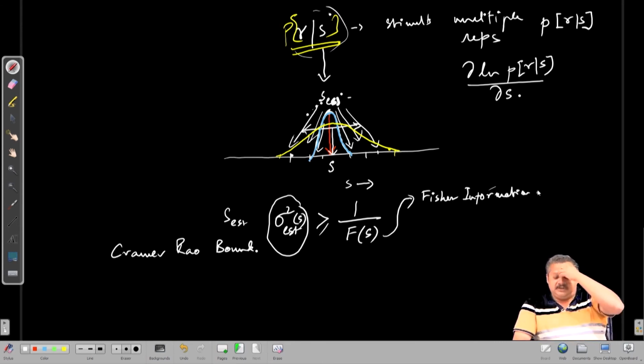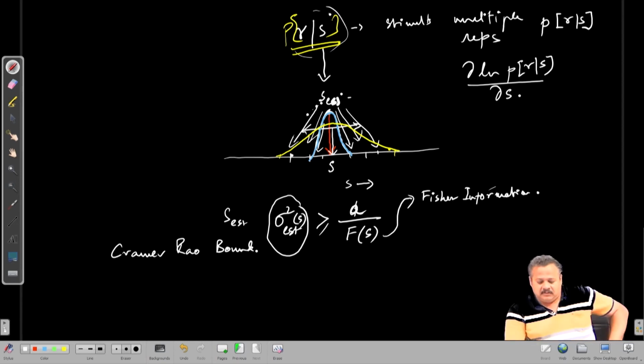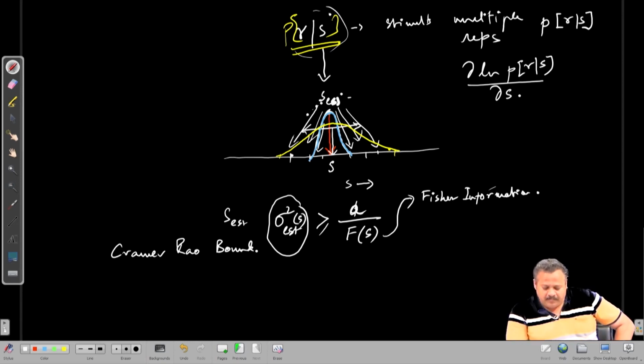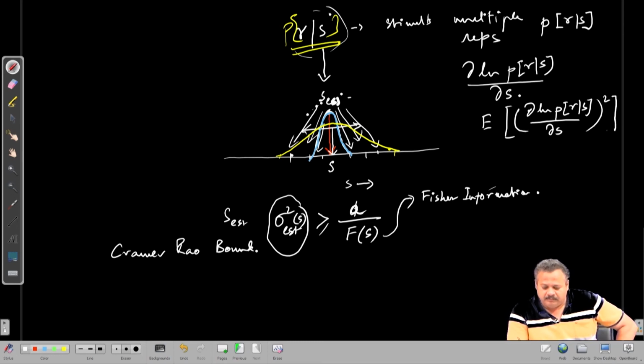So, the Fisher information, let us put a scalar here in any case, is given as the expectation of the square of the score, that is, del log P(R given S) over del S, squared.